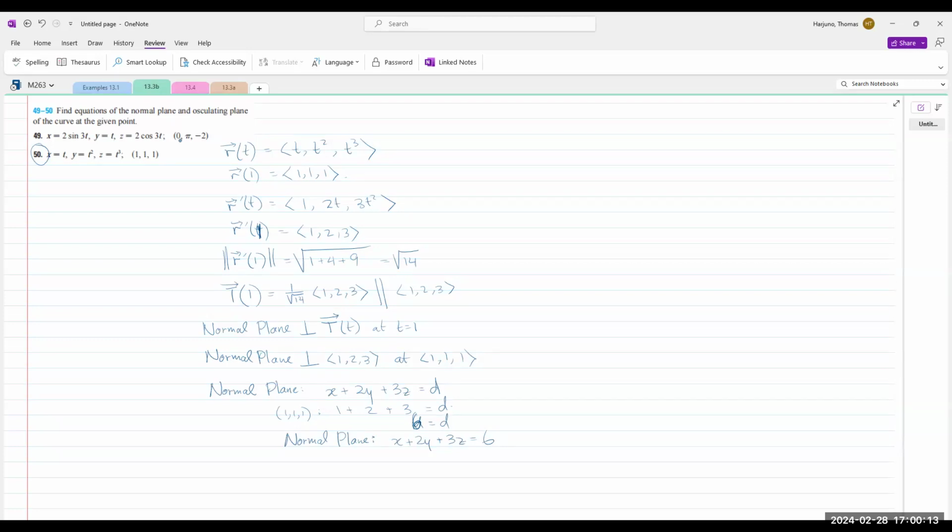Next, what is the osculating plane? We know that the osculating plane is normal to the unit binormal vector at time 1, later on, right? But we still need to find it.